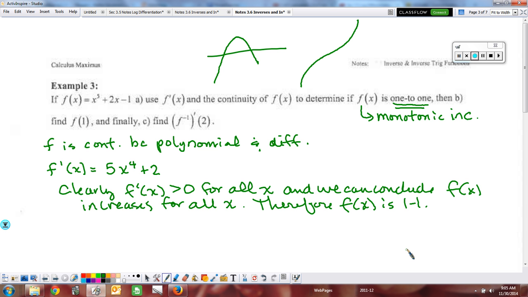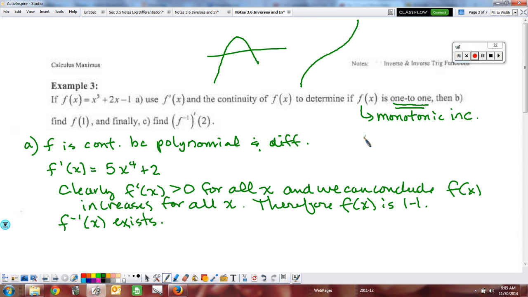That it increases the entire time, so there's no way that it's going to fail the horizontal line test. And if f of x is 1 to 1, we can now say f inverse of x exists. We have an inverse. Okay? So all of that was A.